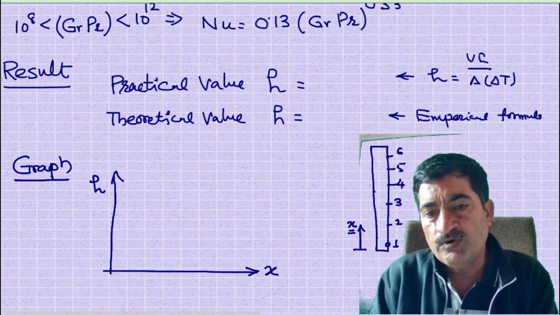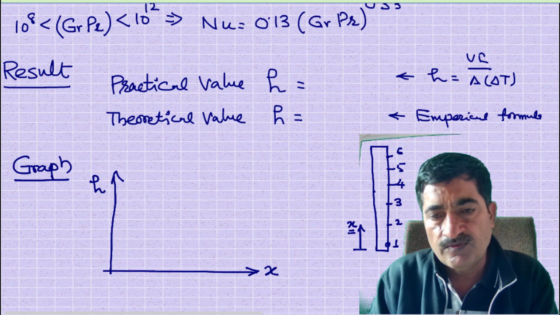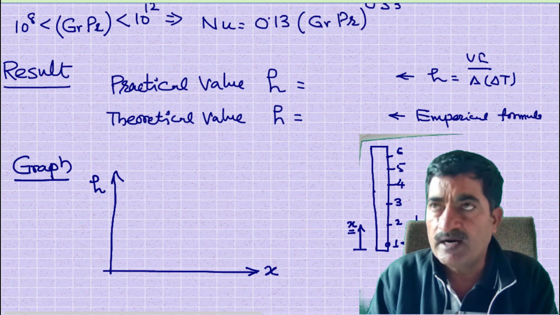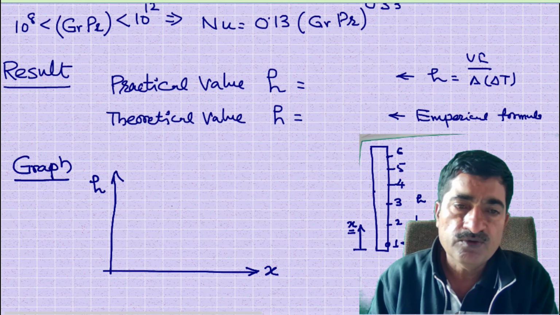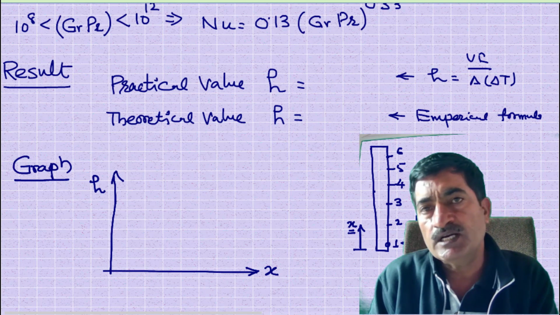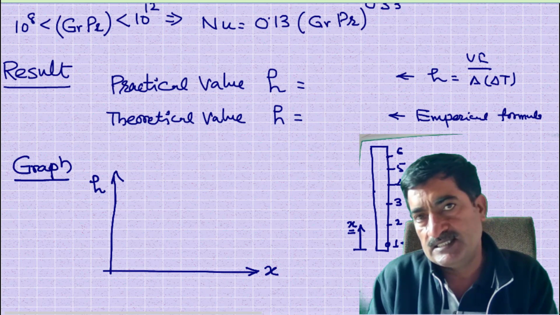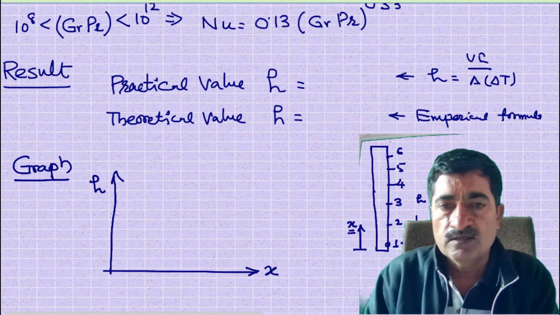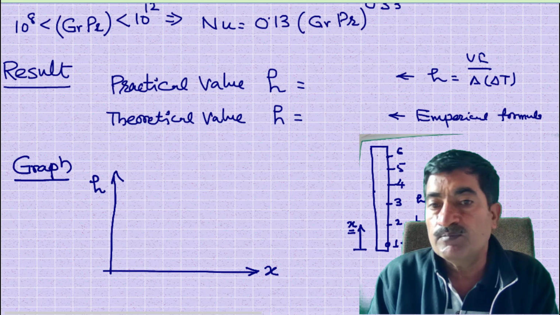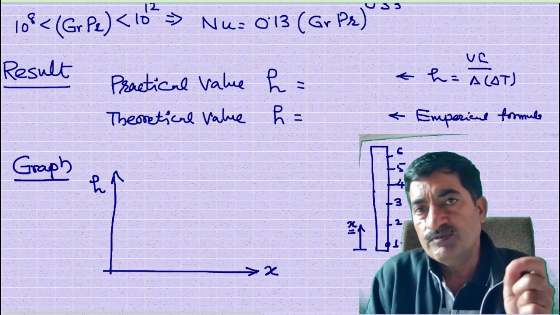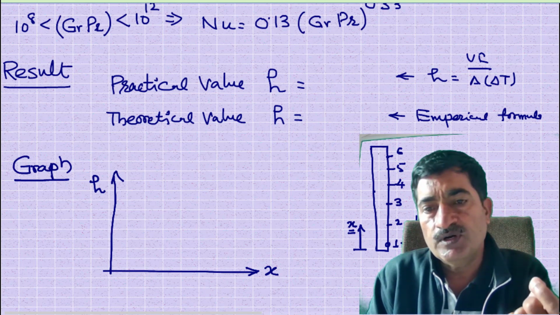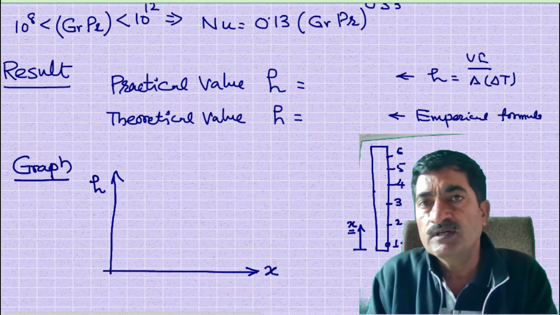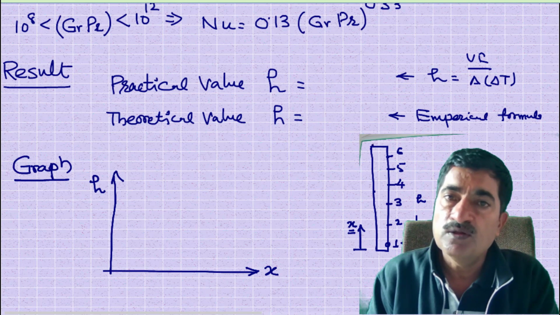What is the value of H1 at thermocouple 1, H2 at thermocouple 2, 3, 4? Then you have to draw the graph between heat transfer coefficient and X. So the total number of calculations is equal to the number of working thermocouples, means 1, 2, 3, 4, 5. You have to find out the heat transfer coefficient at different locations.